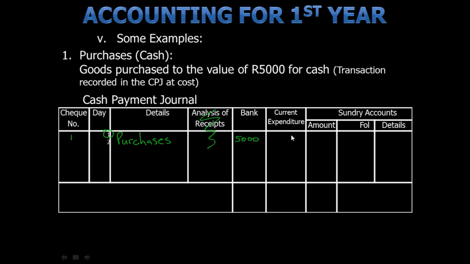And then again, because purchases are regarded as an expense, we will enter 5,000 Rand in the current expenditure column. At the end of the month, the different columns are totaled, which will then be posted to the relevant ledger account.